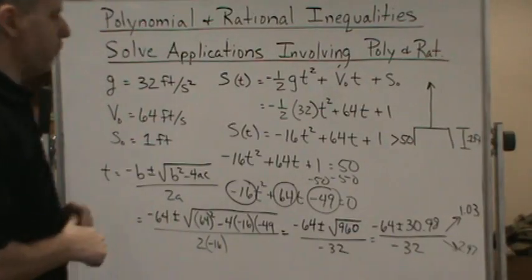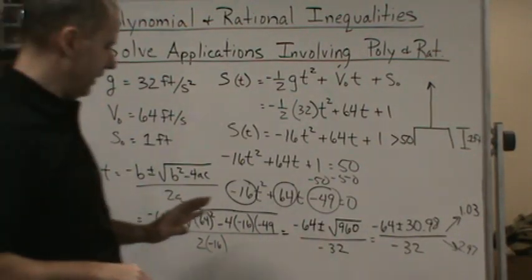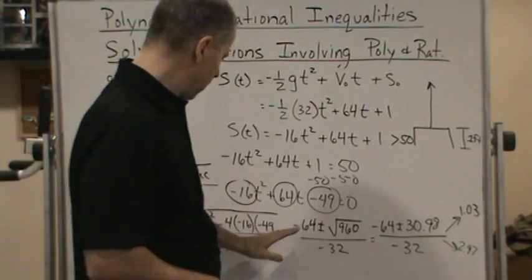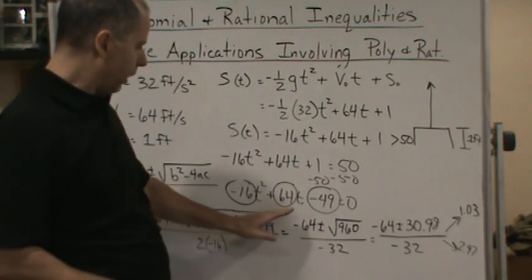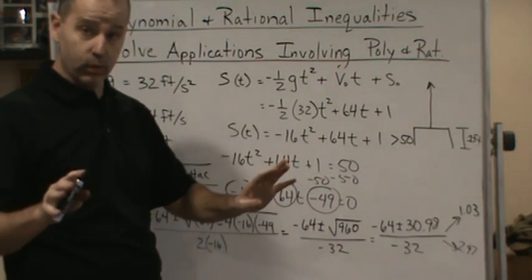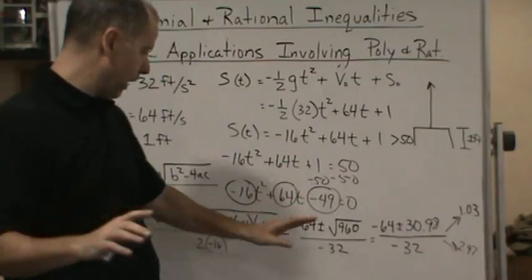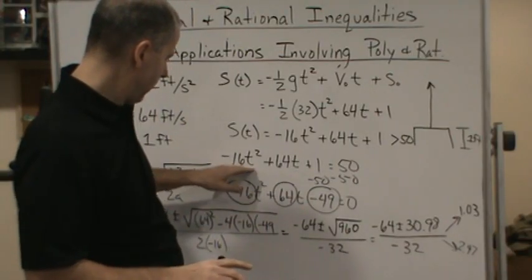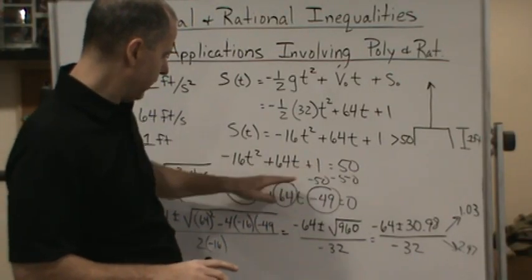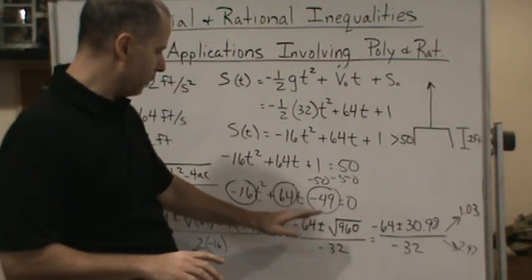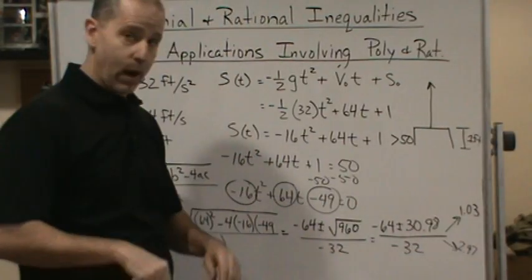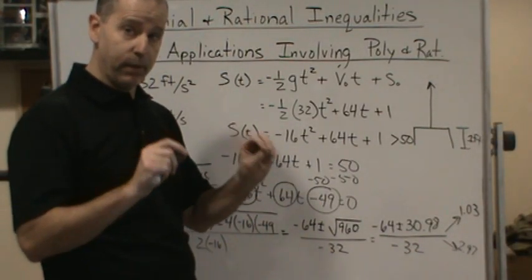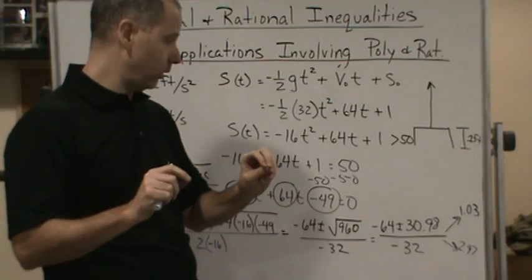All right, so now what we've done is calculate the 2 times where the rocket is equal to 50 feet above the ground. That's what this equation is. We set this equal to 50, we solved it, and we found the 2 times where the rocket is at 50 feet above ground level.